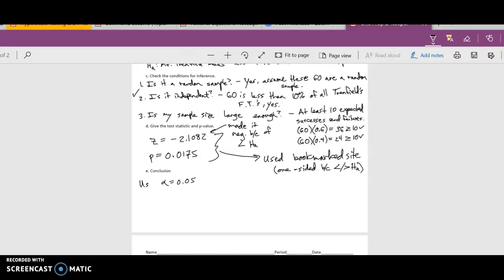Let's write this. Using alpha equal to 0.05, since our p-value is less than the alpha value, we reject the null hypothesis.